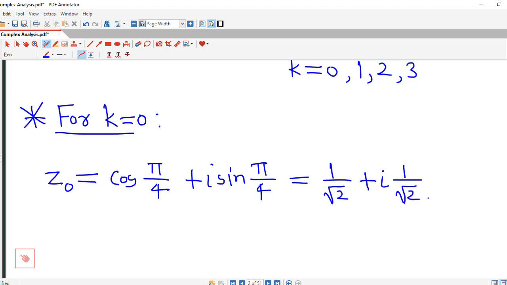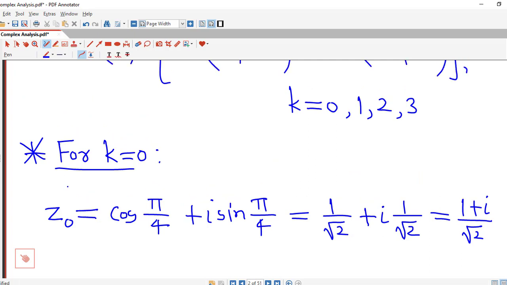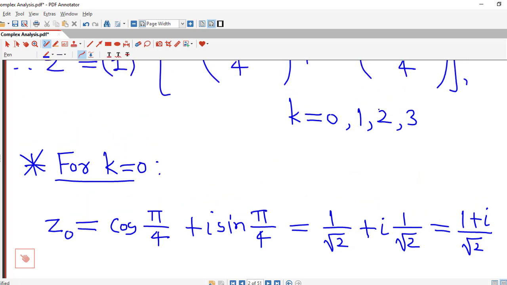So this is the root corresponding to k equal to 0. This we can rewrite as 1 plus I divided by root 2. In this way we can find roots corresponding to k equal to 0, 1, 2 and 3. So the root corresponding to k equal to 0 is 1 plus I divided by root 2.